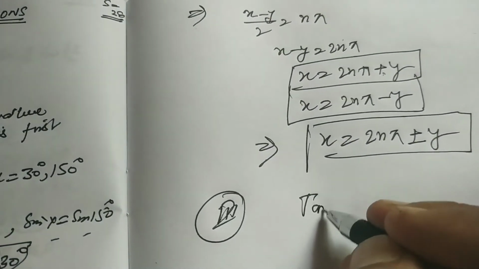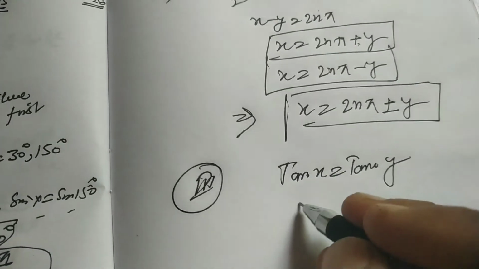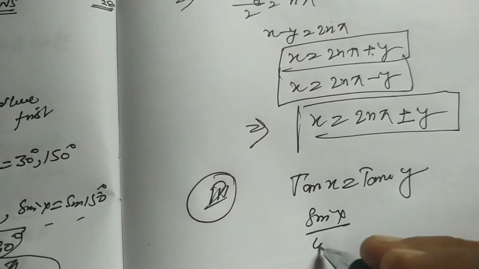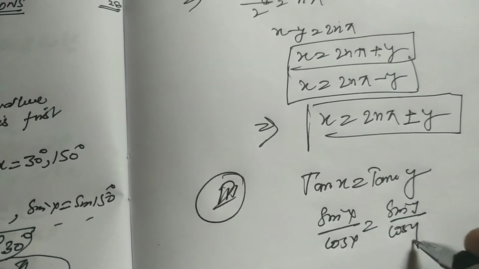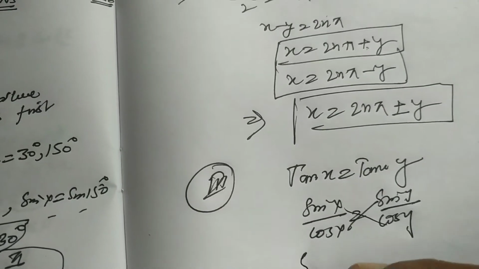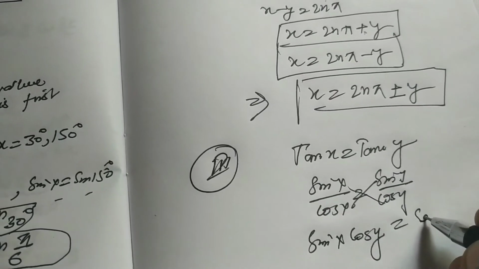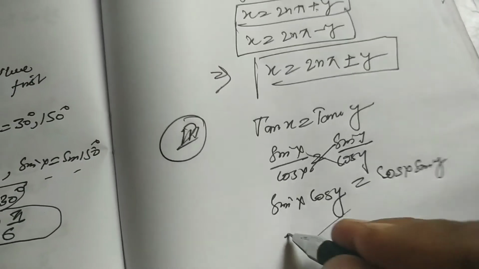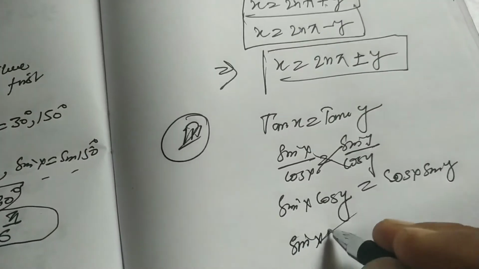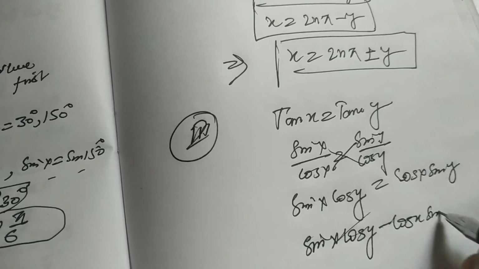The tan x is equal to tan y. You can put this as sin x upon cos x is equal to sin y upon cos y, and cross multiply: sin x cos y is equal to cos x sin y. Transfer to the left side: sin x cos y minus cos x sin y is equal to 0.